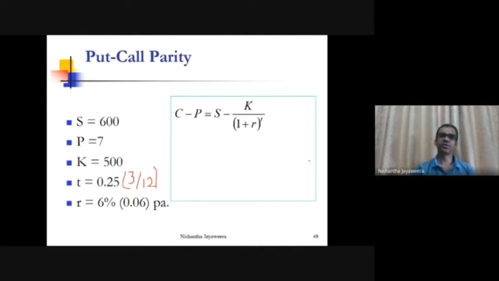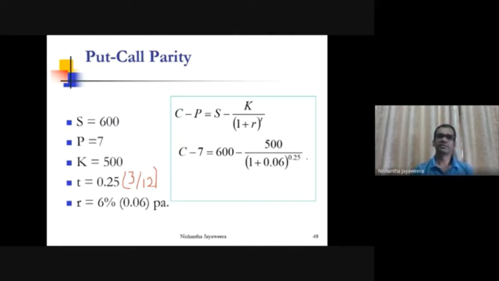So this is the put call parity equation. Substitute these figures here. Then you get this: C minus 7 equals 600 minus 500 divided by 1 plus 0.06 to the power 0.25. You solve this, you get C equals 114.2.